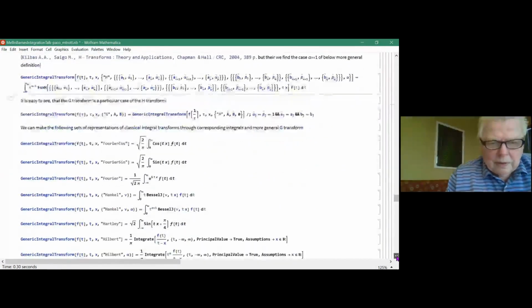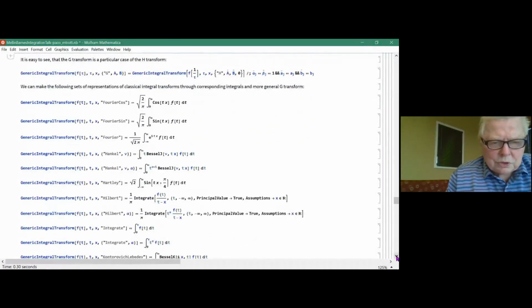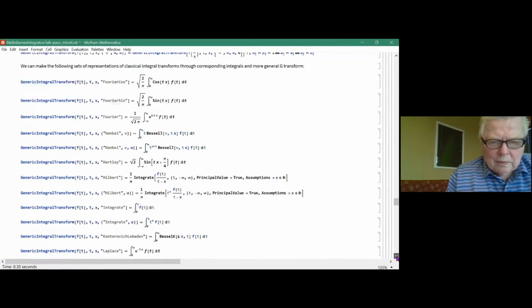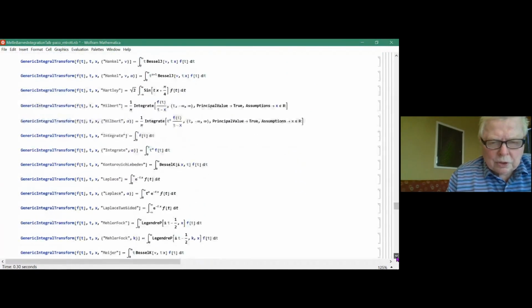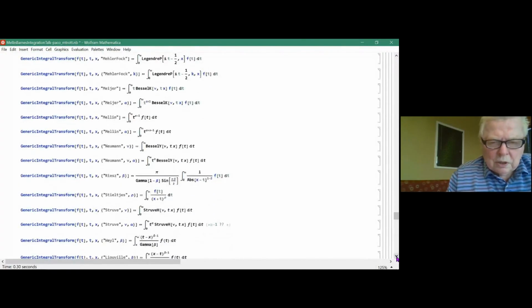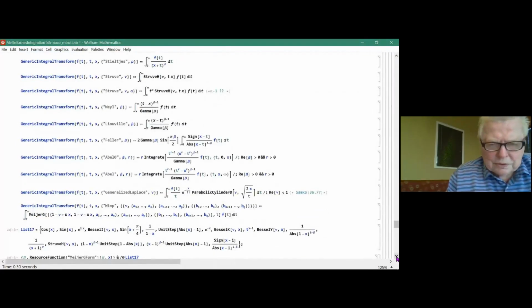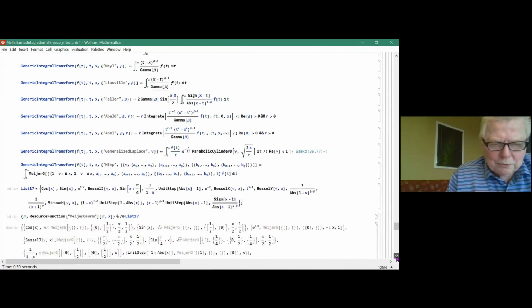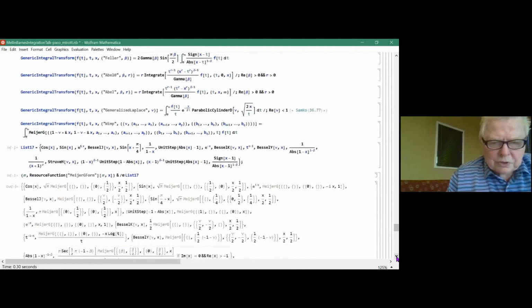And below here you see representations through integrals, all these transforms. It's some other variant of zebra representation which you saw before. What is interesting?